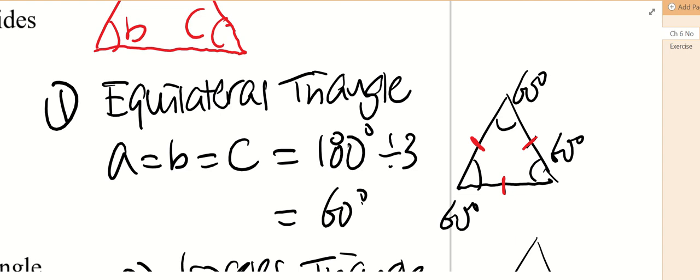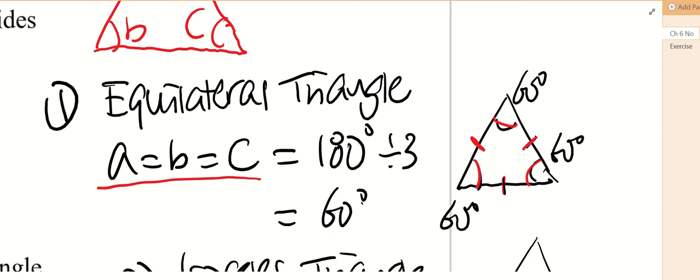We will see that in the isosceles triangle later. But the equilateral triangle is a very special case. All three angles are the same, so I write A equals B equals C. Since all three are the same and add up to 180 degrees, we can immediately tell that each of them, A or B or C, must be 60 degrees. 180 divided by 3.